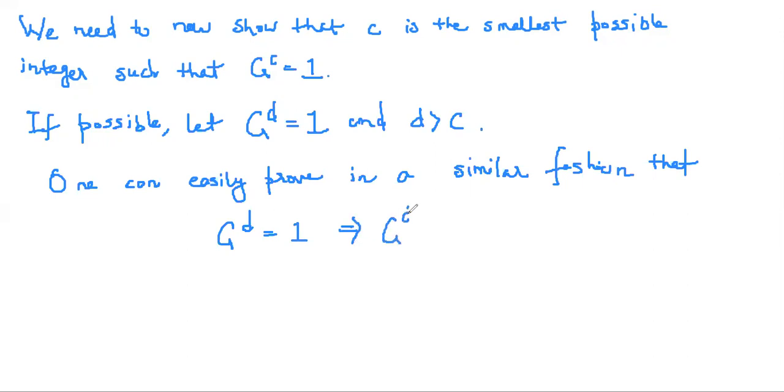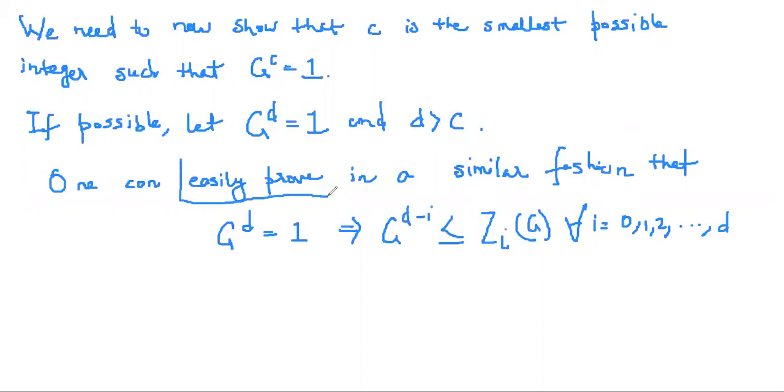That is, G^{D-i} is a subset of Z_i(G) for all i from 0, 1 to D. Okay, so I'm just saying one can easily prove this. You should really try to do it at home.